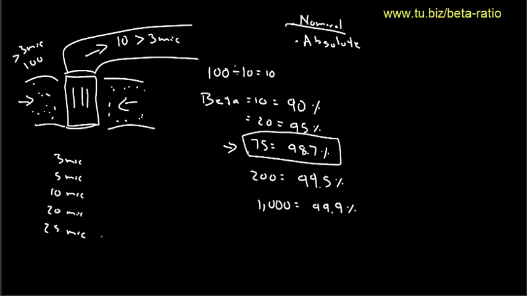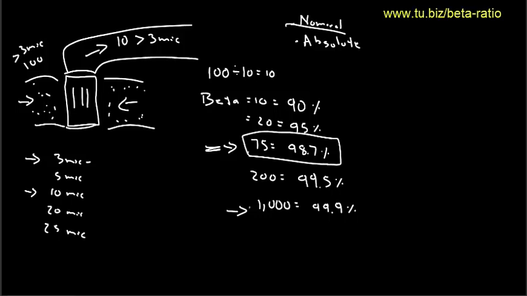Check this out. You can have a 3 micron filter element, beta 75, and you can have the same exact filter, and you can say that same exact filter is 10 micron and it has a beta of 1000. You see how it works?